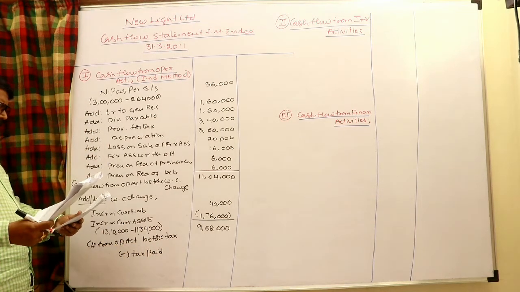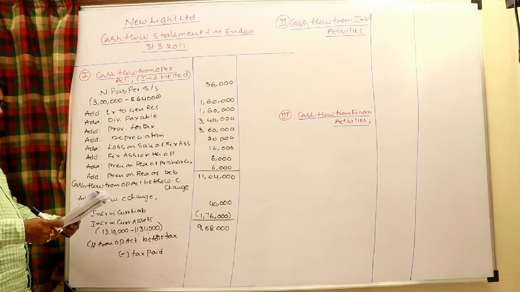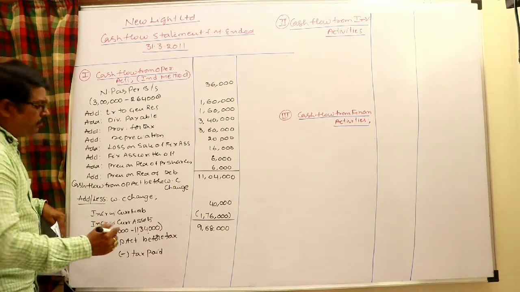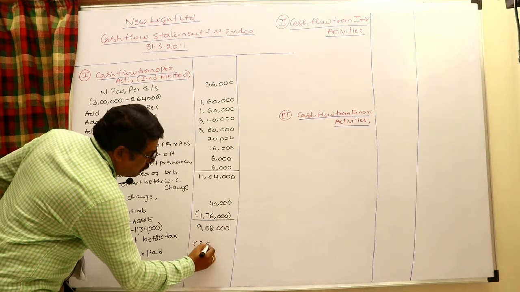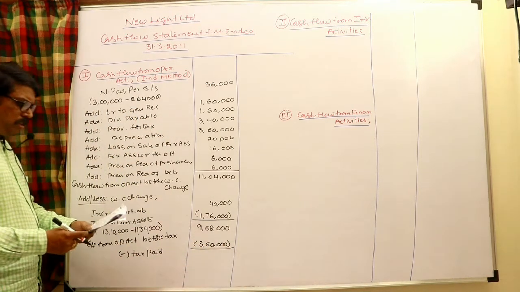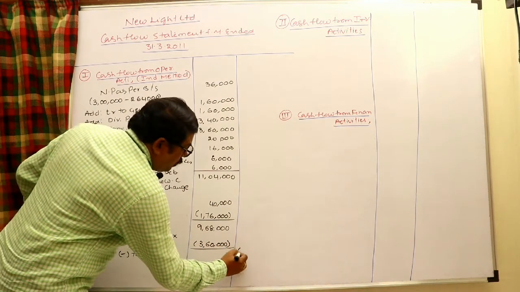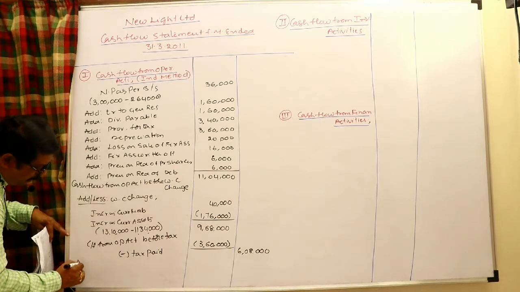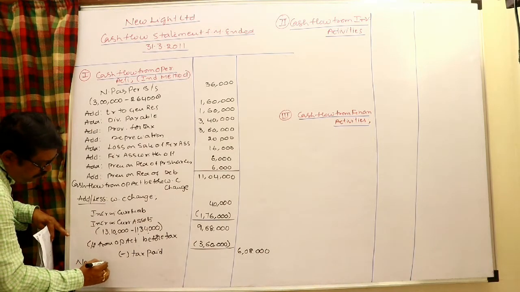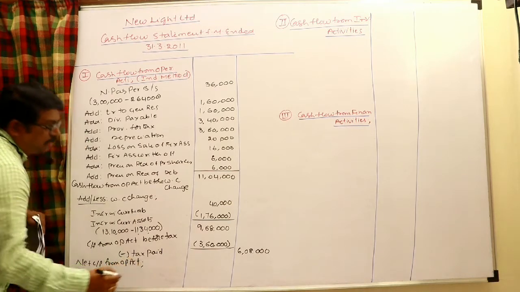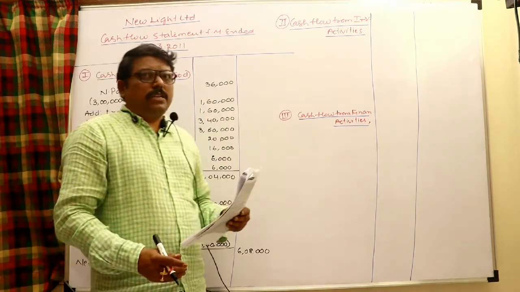Obviously, you may assume last year's provision is paid during this year, 3,60,000. Right in the outer column 6,08,000. This is net cash flow from operating activities. Come back to the investing activities.